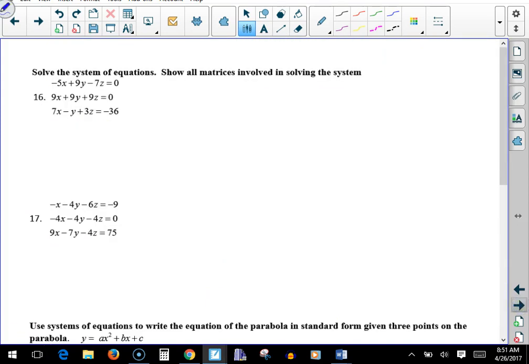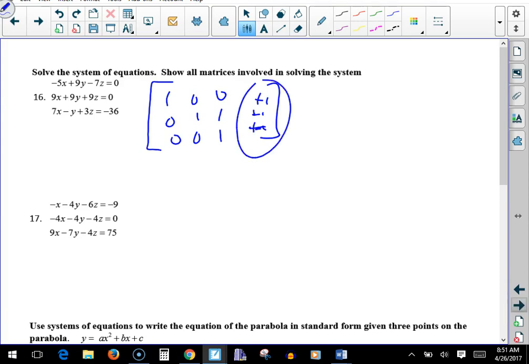Okay, last page. Solve using system of equations. So very simple. Okay, one thing to point out. I'm seeing a lot of people in class just writing a number, and writing down the answer and showing me this. That's not enough. That's not what I'm looking for.